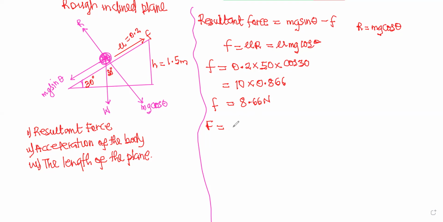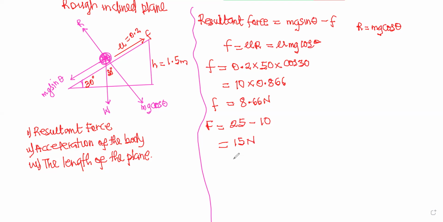25. Class, come again. 25. So 25 minus 10 means the resultant force when friction acts against it will be 15 Newton.